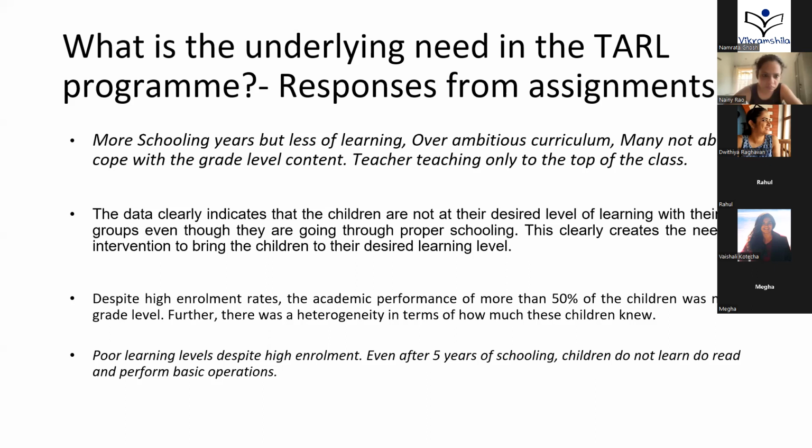So the need that they're trying to tackle, let's say, is that the learning outcomes are lower, right? And everything else around that is the information that provides context, right? So we know that the learning levels of these children are low, and we know that there is variation in the learning levels in the classroom, right?